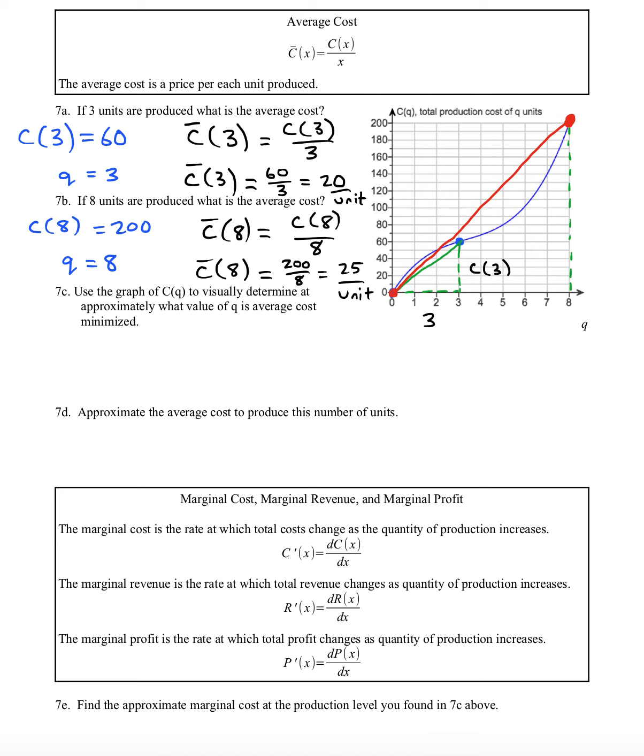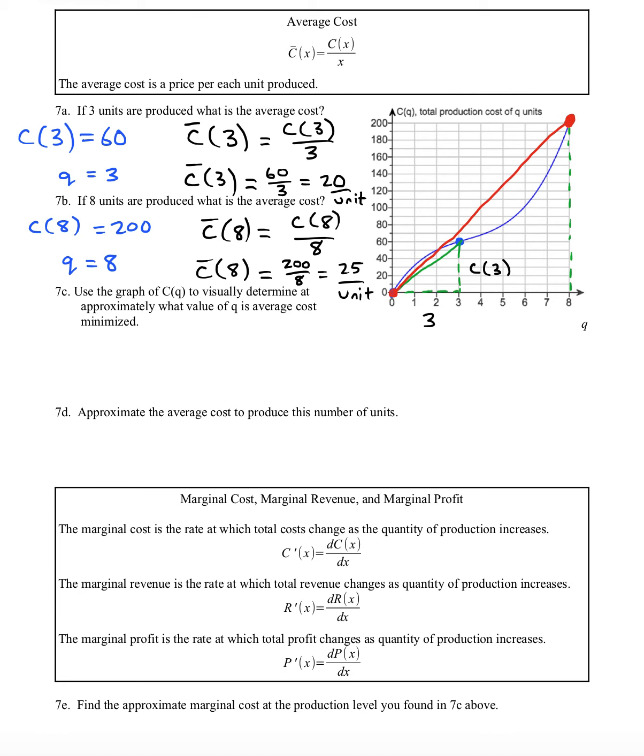But now we'd like to determine a different thing. We'd like to determine at what number of units we would actually minimize the average cost. So take a look at the curve. And remember that the average cost is going to be the slope of the secant that you draw. How can we create the very lowest slope of all?